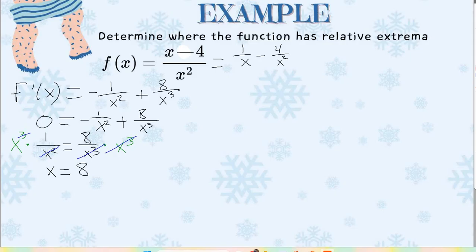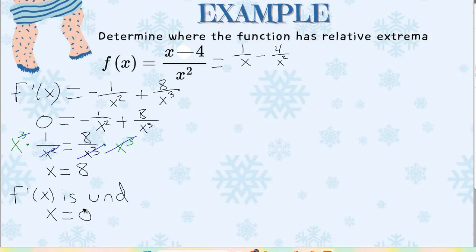Okay, do I have any other values that I have to consider though? What's the other thing that we said we have to consider? Where f prime of x is undefined. Is it going to be undefined anywhere? Yeah, where at? 0.